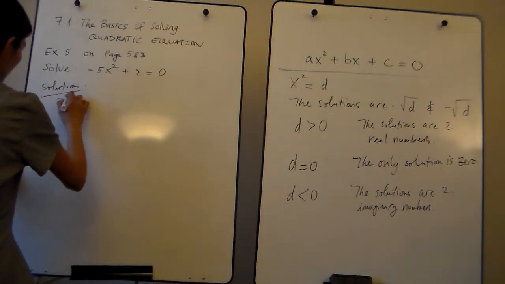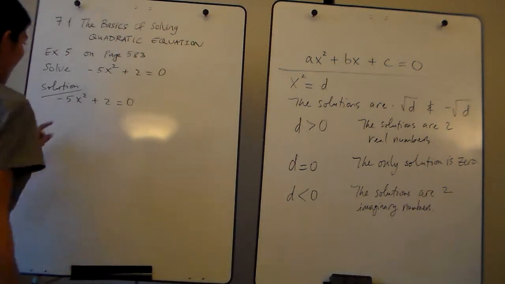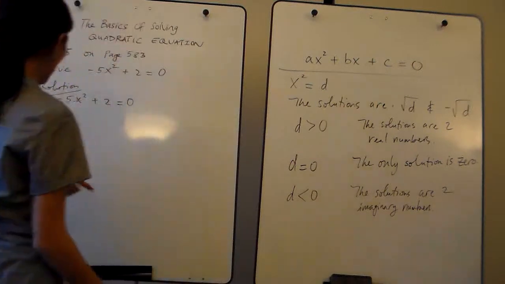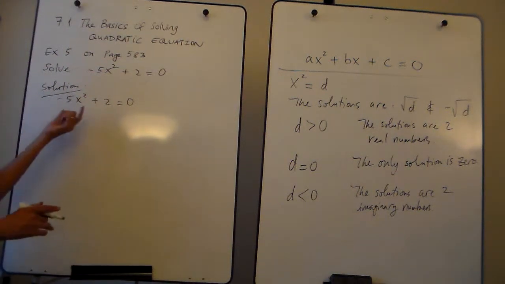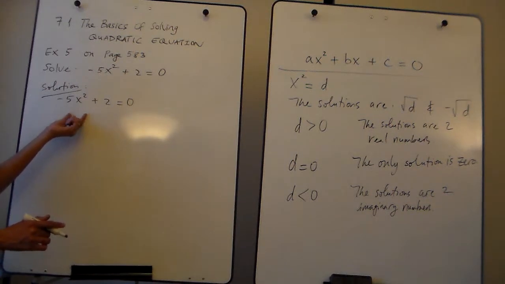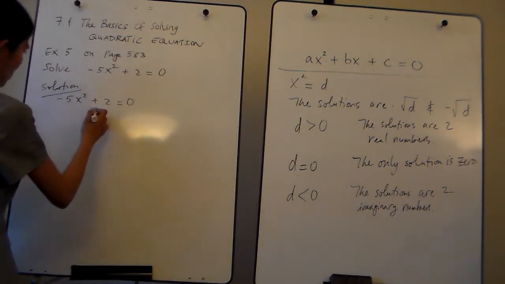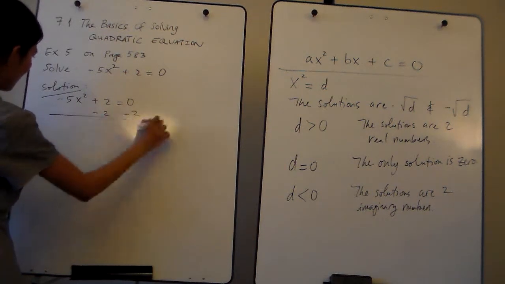Solution. We start with the given equation, and we're going to obtain this form so that we can use this rule. I'm going to have only the x squared term on the left, and everything else goes to the right. To solve for x squared, I will subtract 2 on both sides.